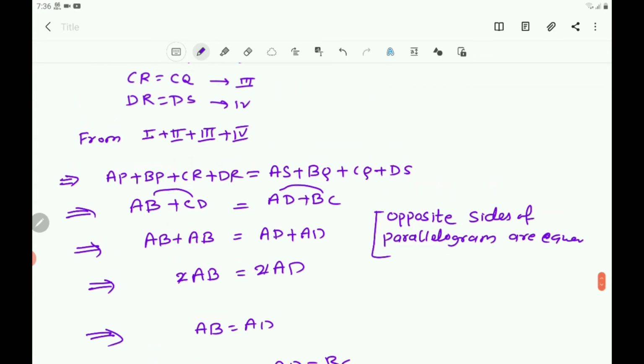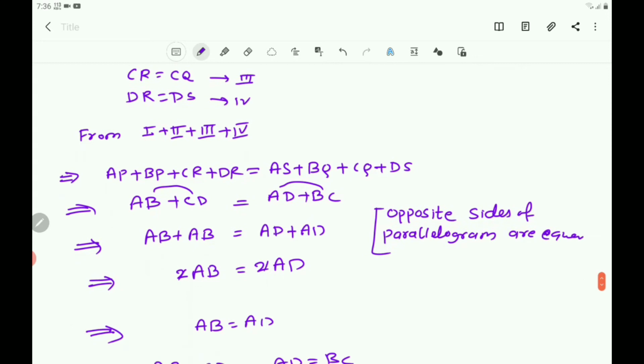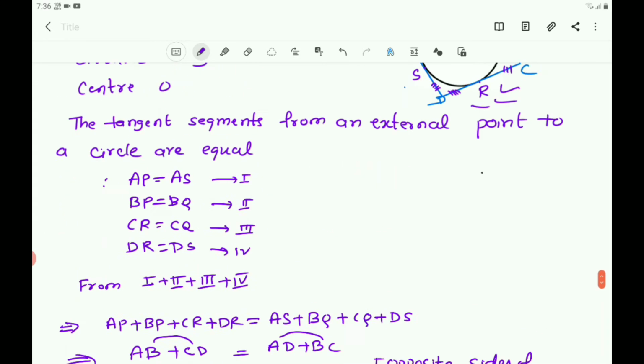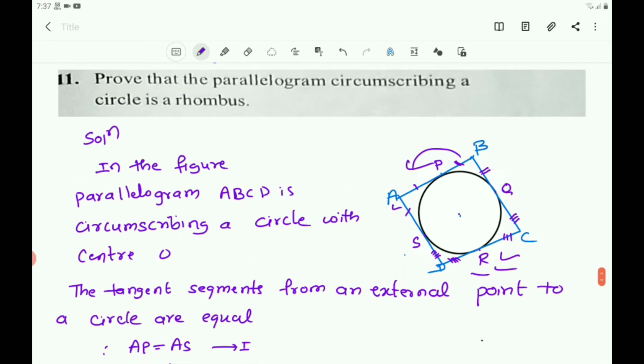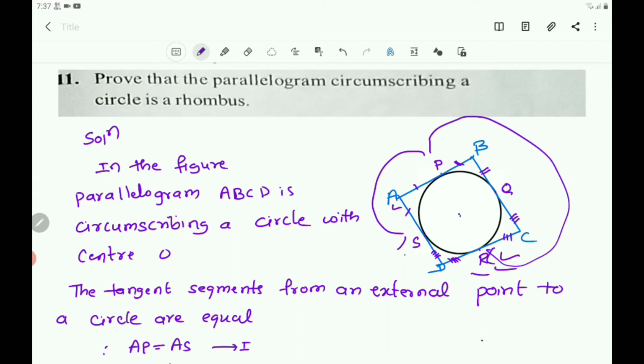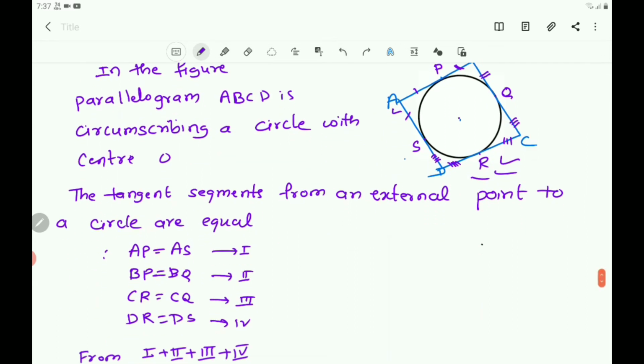As AB is equal to CD, here you got AB is equal to AD, and also AB is equal to DC, and AD is also equal to BC. Therefore, all the four sides are equal.